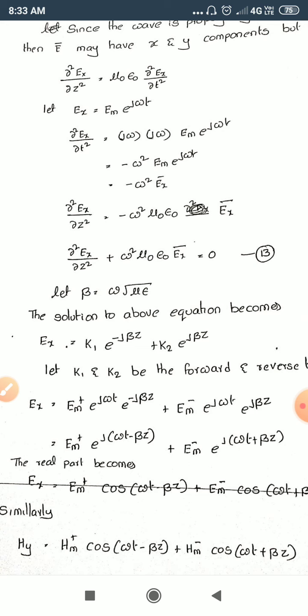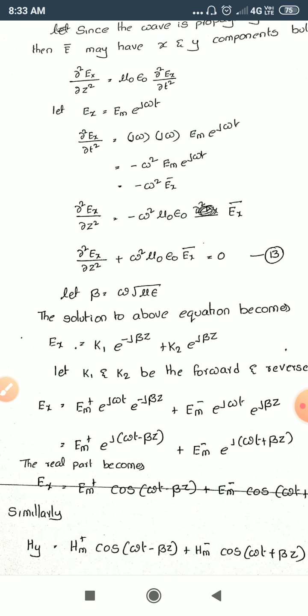Now, Ex equal to Em e power j omega t e power minus j beta z and Em minus e power j omega t e power j beta z. So k1 is taken as some value. This is represented as Em e power j omega t minus beta z and Em e power j omega t plus beta z.